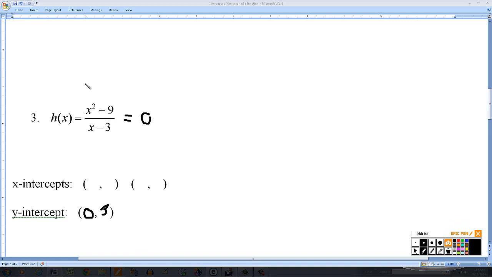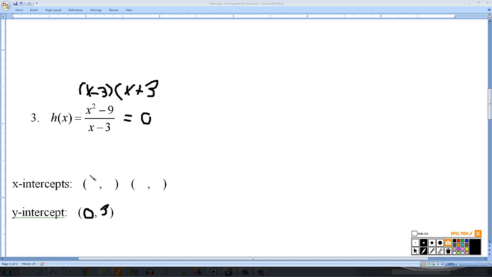Again, since I have a fraction, it is 0 only when the numerator is 0. Since I have a quadratic there, I go ahead and factor it. It's a difference of squares, so it's (x - 3)(x + 3). So you can see that the numerator is going to be 0 when either of these factors is 0.